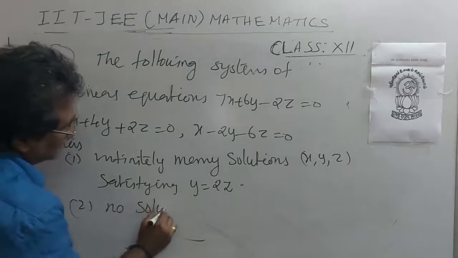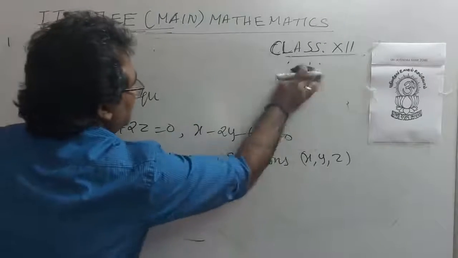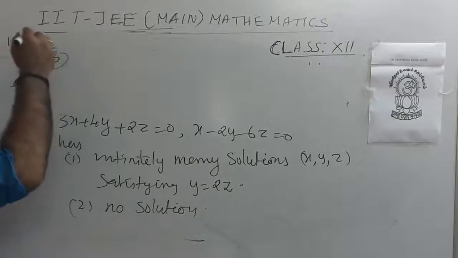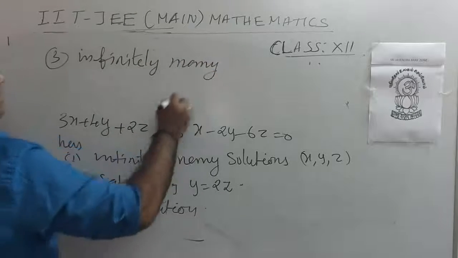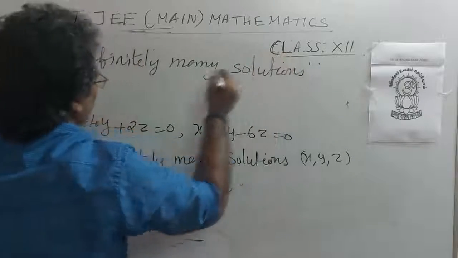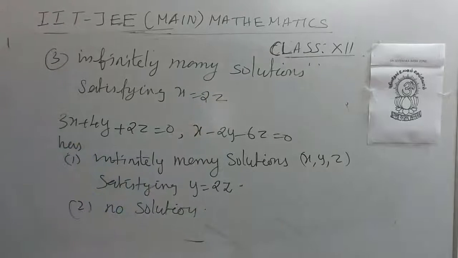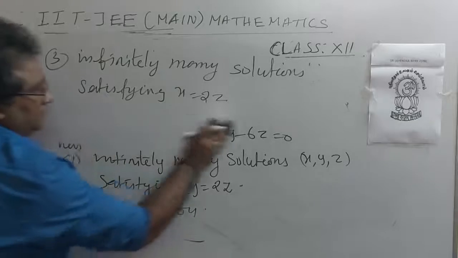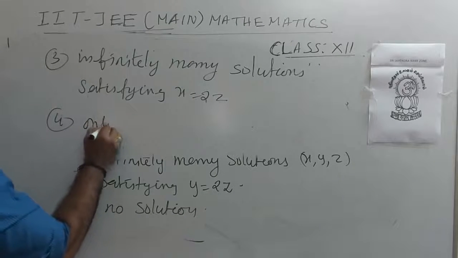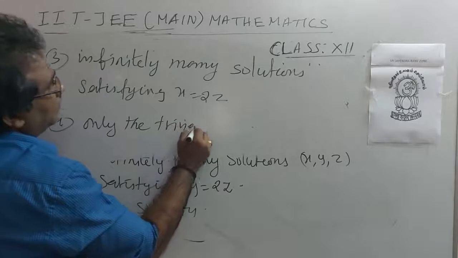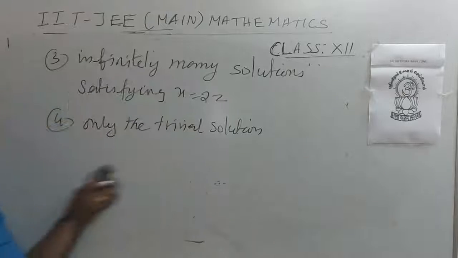Option 2, no solution. Option 3, infinitely many solutions satisfying x equal to 2z. Option 4, only the trivial solution.